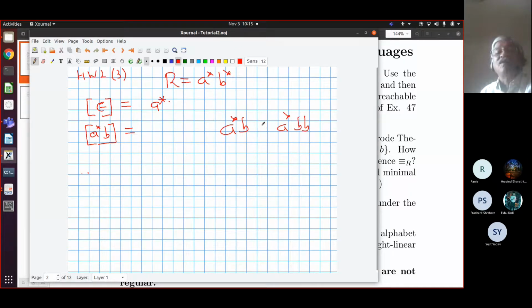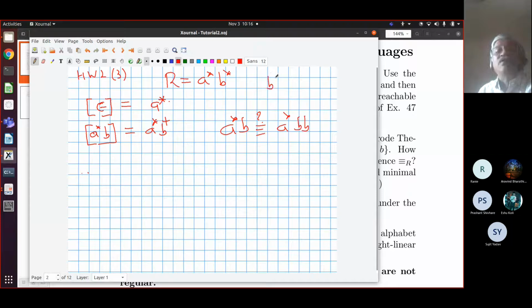Are these equivalent? Yes, sir. They are equivalent. Why? Because you can follow it with any number of B's and it will remain in the language, and if you follow it with an A, it is not in the language. So the equivalence class of this is A star B plus.